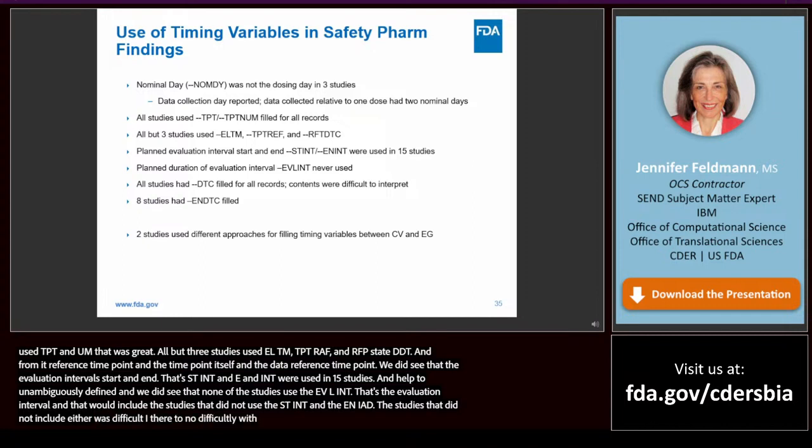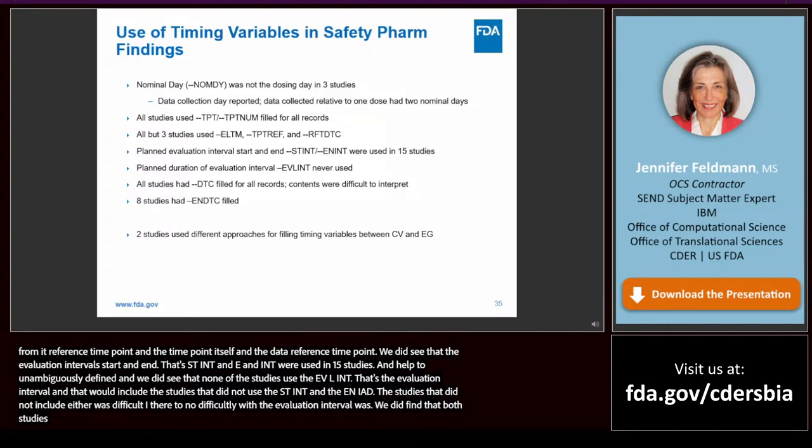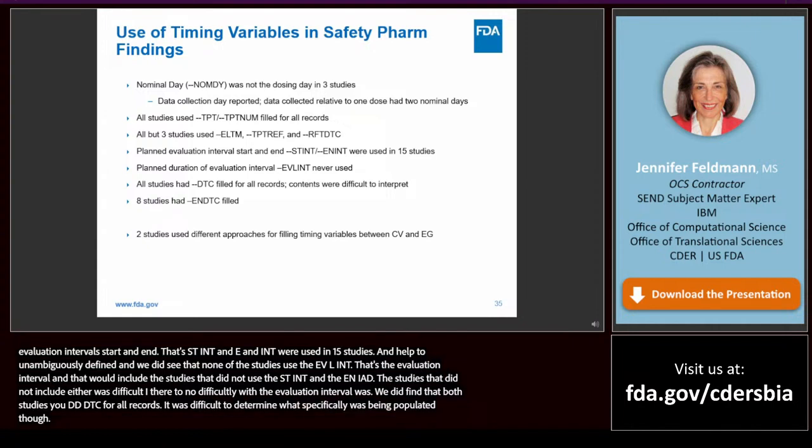We did find that all studies used DTC for all the records. It was difficult to determine what specifically was being populated there. But because the date time isn't used in any analysis, we didn't spend a lot of effort to try to suss that out.